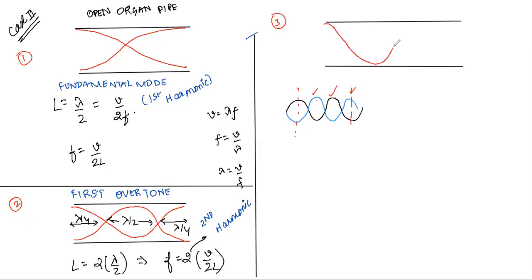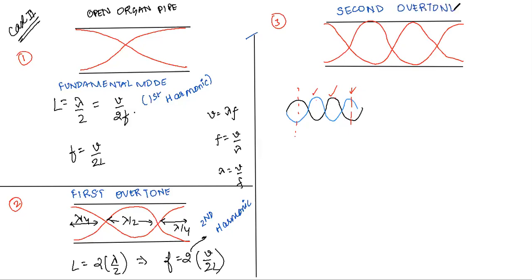This is one, this is two, and then we end. So we have this as one, second hump, and then third. So class, this is how we have chosen to draw the second overtone. I'll always write the third part as the second overtone. I'll write this here, second overtone.